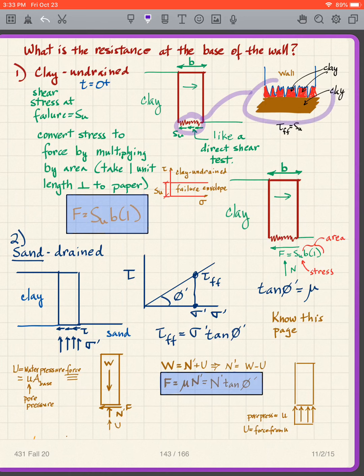If I blow that up, in other words, make a bigger picture of that, if I have a very rough wall, what does that look like? Well, I'm showing a very jagged edge here.